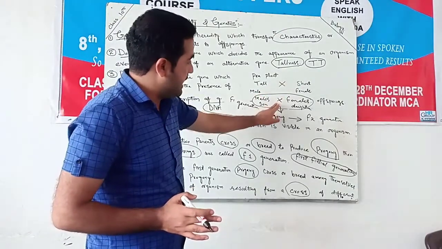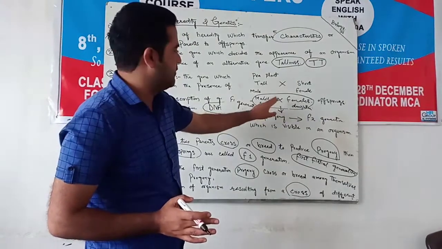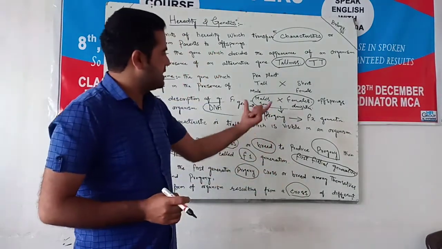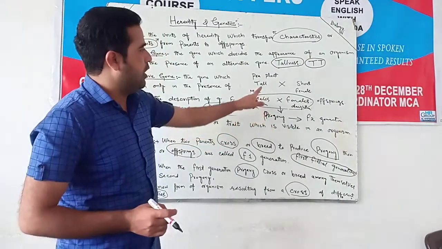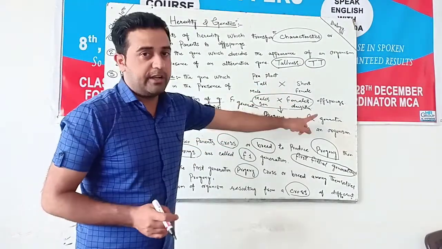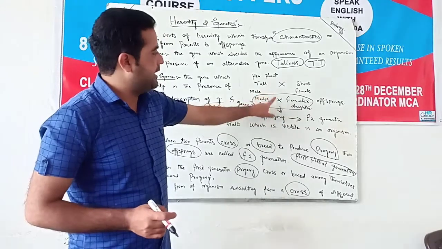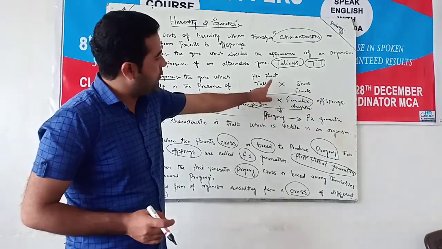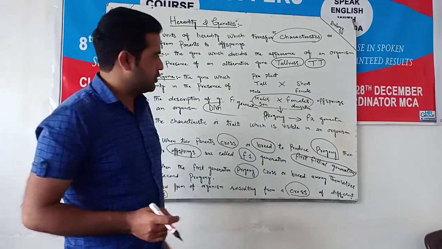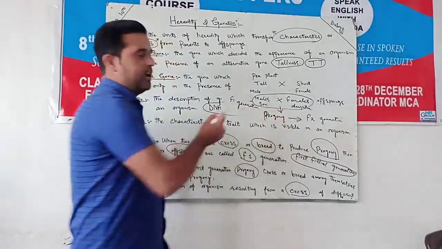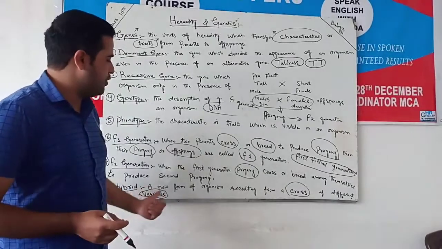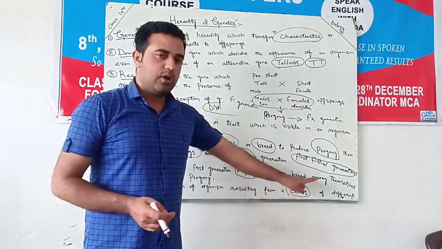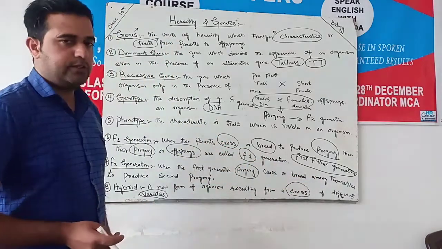So their first generation will be hybrid because it consists of the genes of these two different varieties. Their genetic makeup is different from that of their parents. So hybrid is a new form of organism resulting from the cross of different varieties.